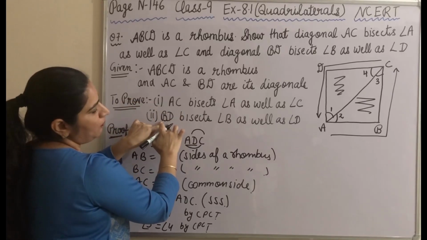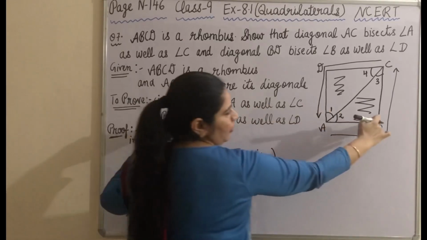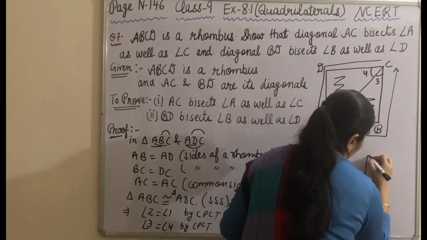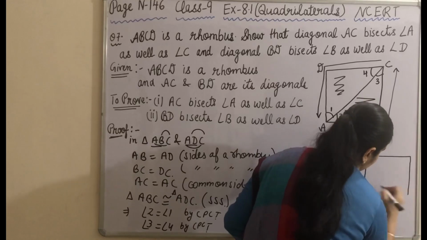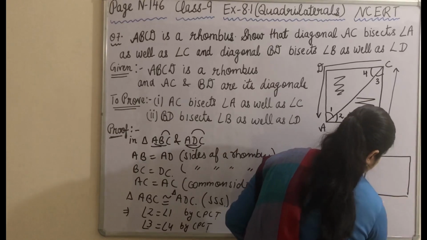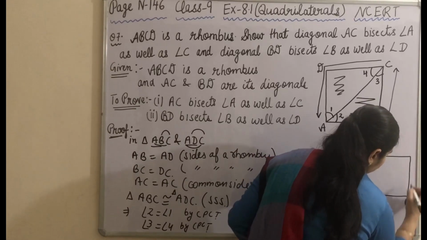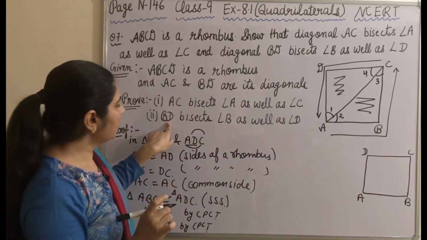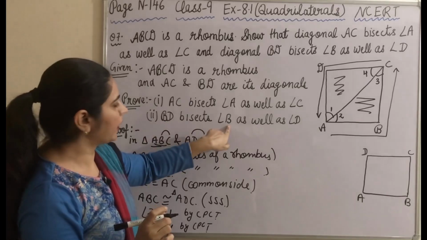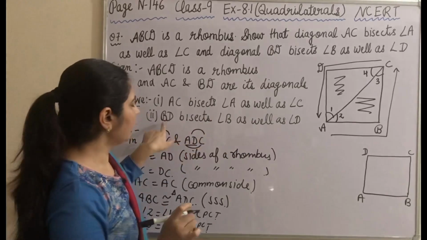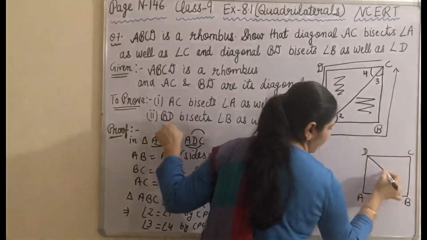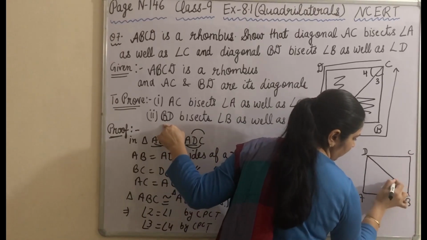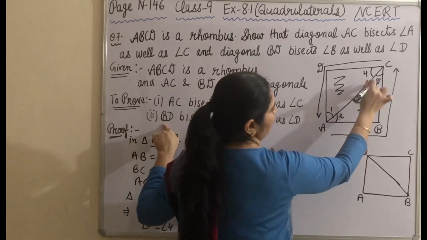For proving the second part, we will take diagonal BD. I am drawing the figure again. Here I am taking ABCD is a rhombus. Now in the second part we have to prove diagonal BD bisects angle B as well as angle D. So we have to join this B and D. Earlier I had taken 1, 2, 3 and 4.